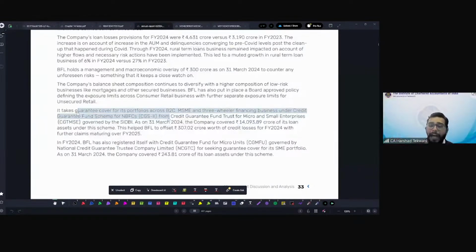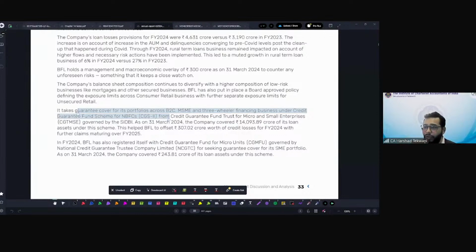So being aware of the directions, the requirements, and how the NBFCs work is very much necessary for you to perform the audit procedures. Otherwise, it won't be possible for you to perform. See, there could be n number of areas where you need to perform audit procedures.